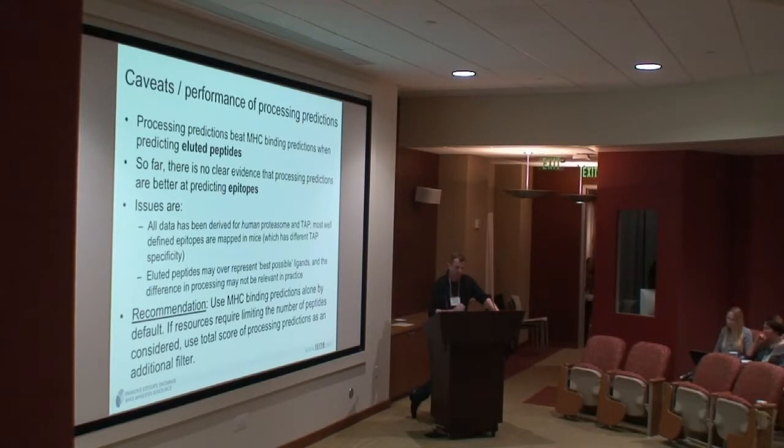You get the tip of the iceberg of the very best peptides from cell peptide elution experiments, and they might just have the best proteasomal cleavage, the best TAP transport, etc., which gives them a large amount of peptides on the cell surface, which might not be necessary for T-cell epitopes. There's reports that down to 2 or 3 peptides on the cell surface are sufficient to initiate T-cell responses that you could never detect by mass spec.